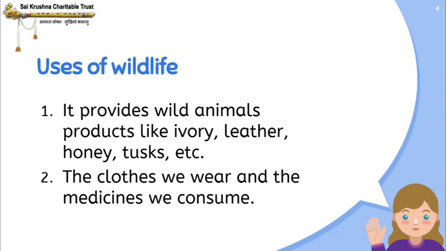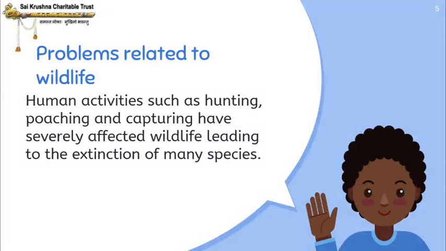So we consume different varieties of medicines for different diseases, right? So from where do you get medicines? You have many medicinal plants. So which are the medicinal plants that you have seen in your life? You all would have heard of tulsi, right? Pudina, neem leaves. All these are medicinal plants. Okay, so we get all these things from the wildlife.